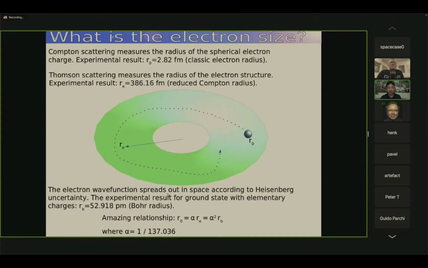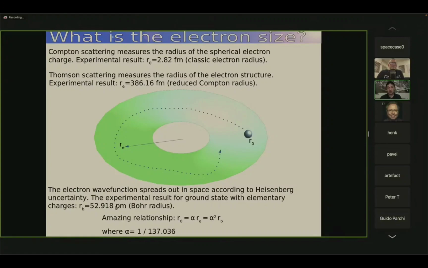And then finally, we know that the electron spreads in a wave function, and this spreading in a wave function is according to Heisenberg uncertainty. And the most studied spreading of the wave function is in the atomic orbitals.